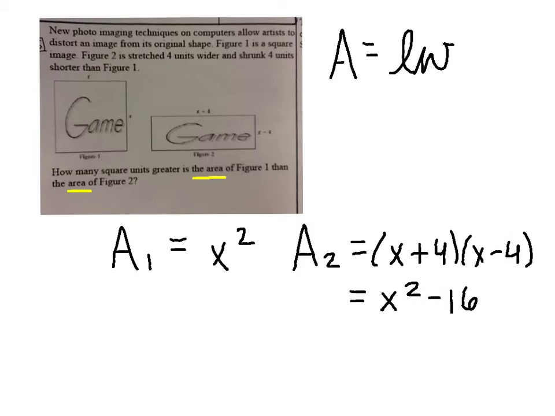So the question is asking us, how many square units greater is the area of Figure 1 than the area of Figure 2? Well, when we're looking at the difference of areas, the key word is difference. Difference represents subtraction.